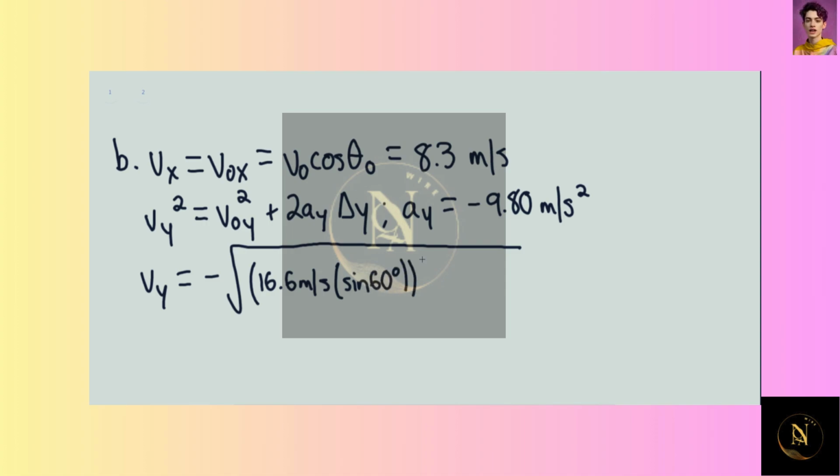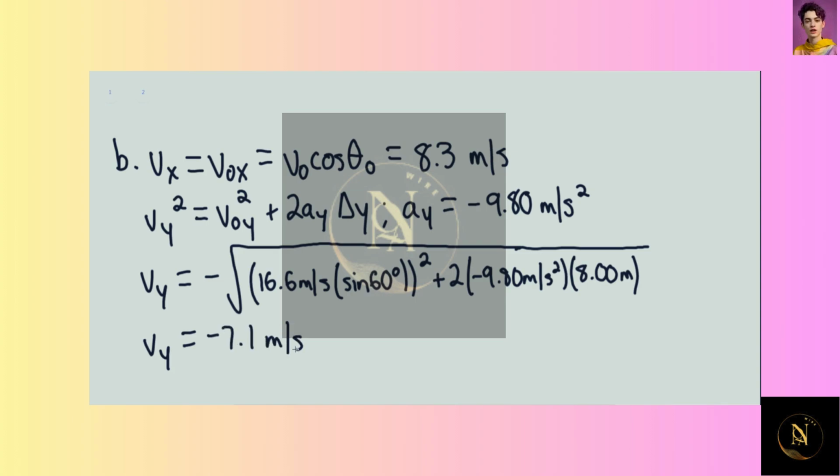This entire term would be squared, plus 2 times negative 9.80 meters per second squared multiplied by 8.00 meters. And we find that Vy final is essentially equaling negative 7.1 meters per second.